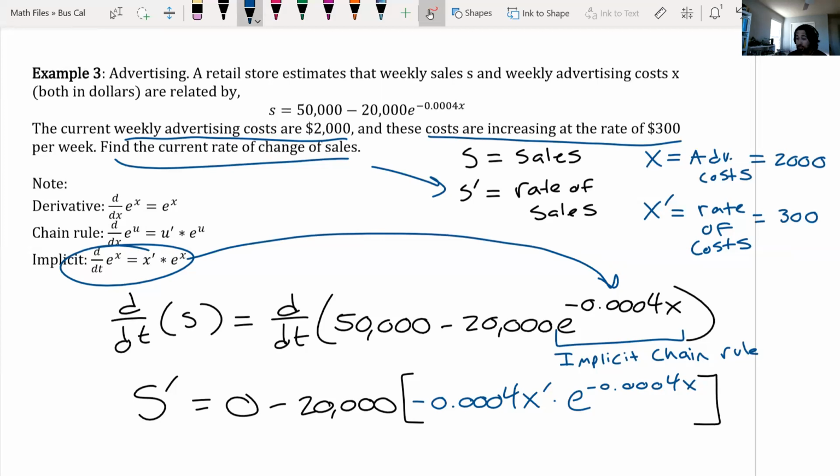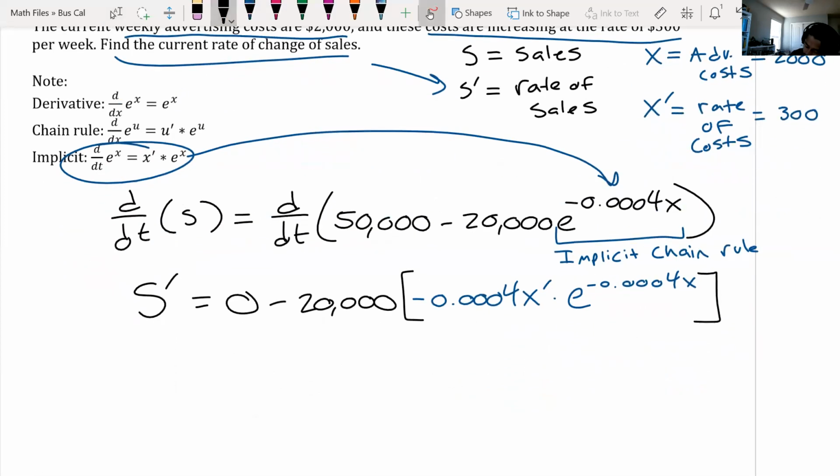And now just distribute that 20,000 and we're on our way. We'll put S prime equals whatever negative 20,000 times negative 0.0004 is. Negative and negative is going to make positive, we know that.